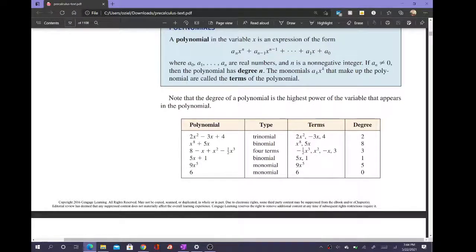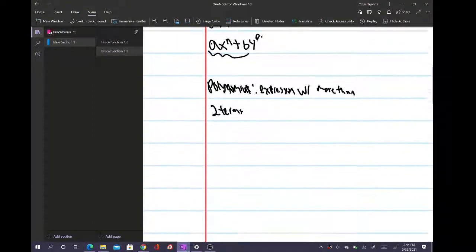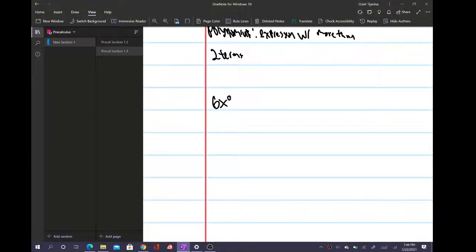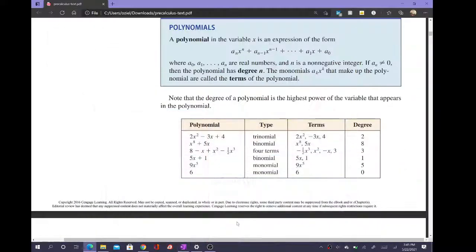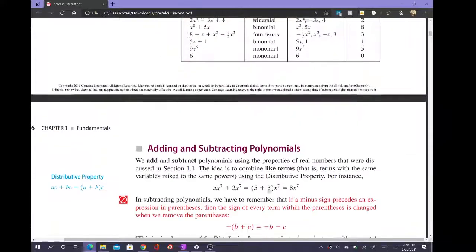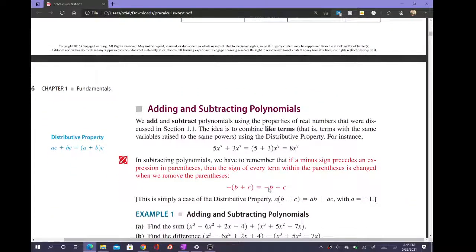And 6 is a monomial. The term is 6, and the degree is 0 because 6x to the 0 is just 6 times 1, which is just 6, okay? So it's a 0 degree polynomial, basically.